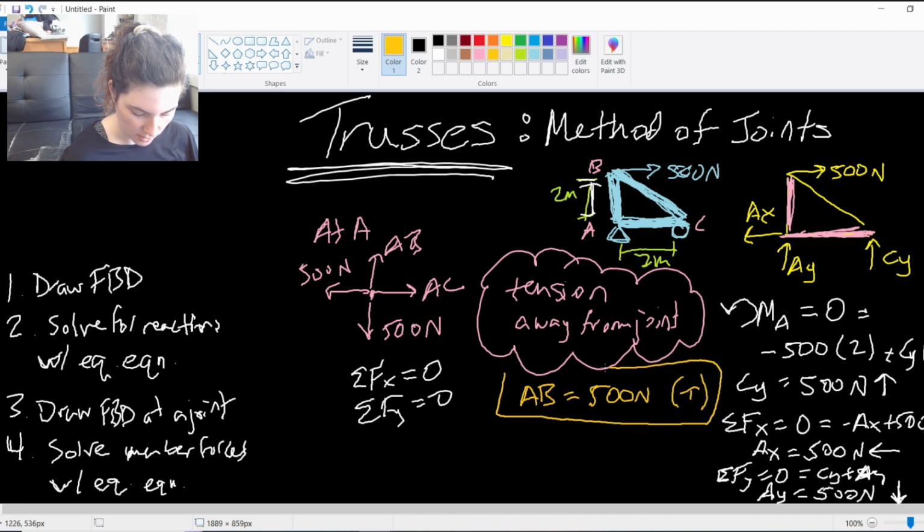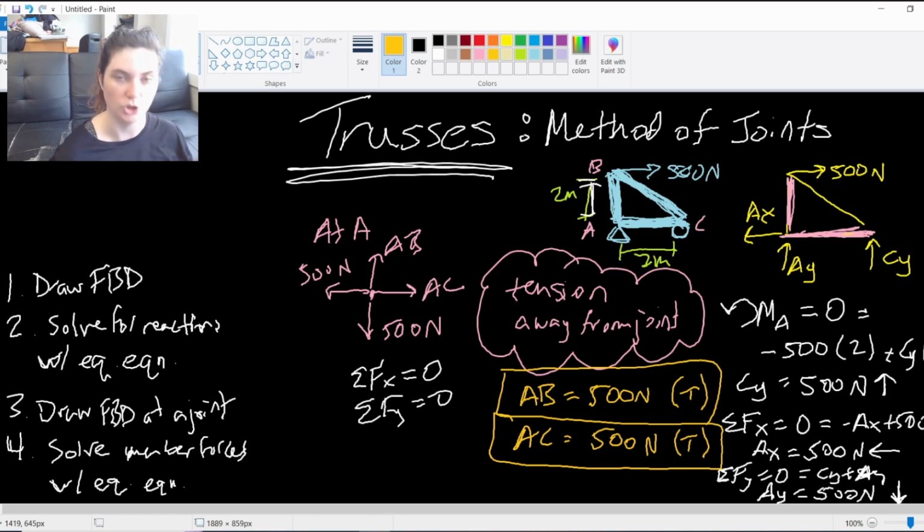Usually we just put that in parentheses right afterwards to indicate the force on that member being in tension or compression. In this case, they are both in tension because both are pointing away from the joint. So that's 2 of my 3 members.